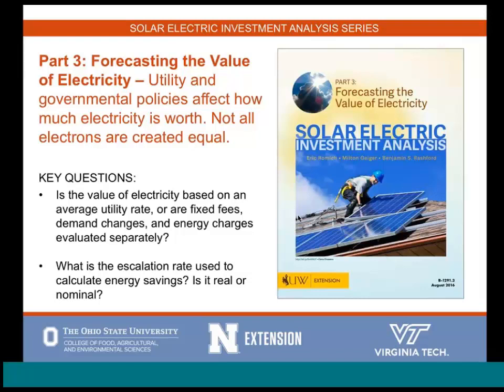It's not that simple. The focus of this bulletin series is to highlight why it's not that simple, and also some best practices and lessons learned on how you can more accurately assess the value of the unit of energy you're generating.